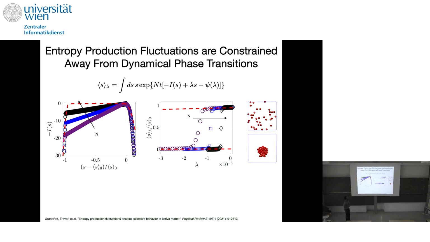And what we see is that it has the behavior of a first order phase transition in this weird space, where at lambda, starting from here and going to the left, there's a sharp jump to a phase that's almost zero, or to a phase that's -1 on this scale.